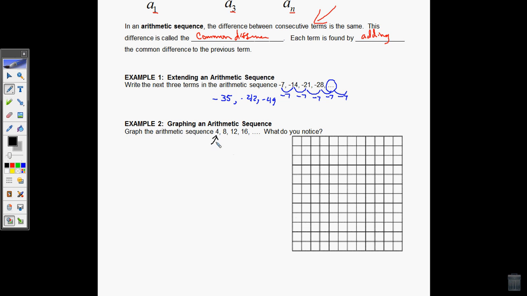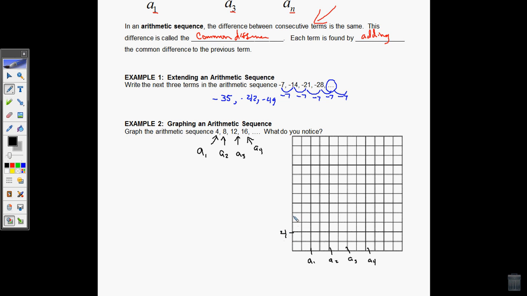So like I said before, this is going to be a sub 1, the first term. This will be a sub 2, the second term. This is a sub 3, the third term. And this is a sub 4, the fourth term. So let's graph that. It'll be a sub 1, a sub 2, a sub 3, a sub 4, versus which value it is.